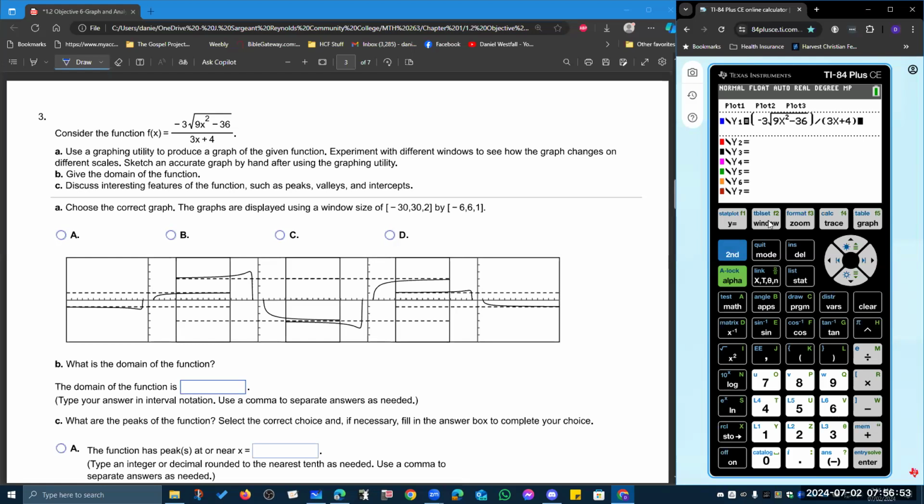Suggested window here is negative 30 to 30 with scale of 2, negative 6 to 6, the scale of 1.